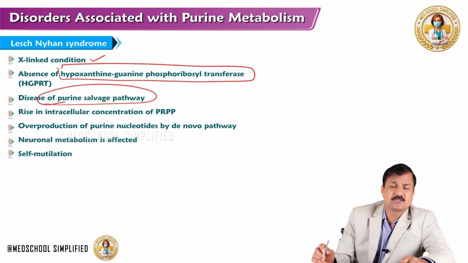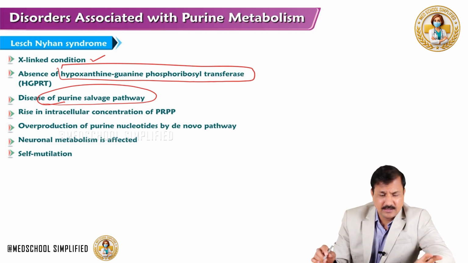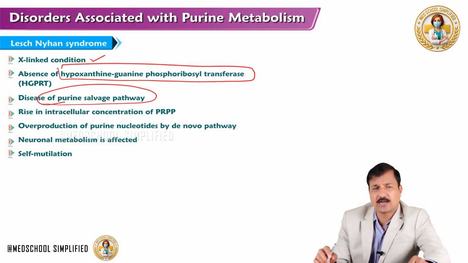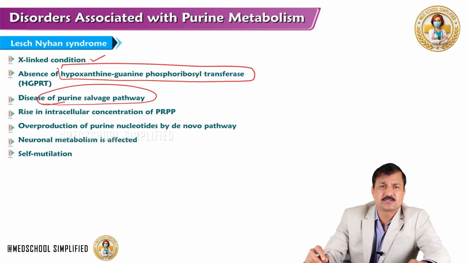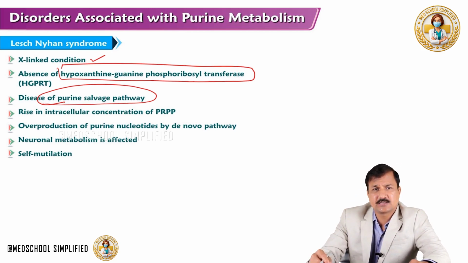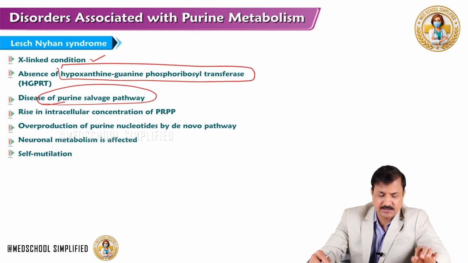Absence of HGPRT leads to a defect in the purine salvage pathway, and that increases de novo purine biosynthesis, because when the salvage pathways are absent, purines have to be synthesized by the de novo pathway. That takes a lot of time and energy, especially for neurons, and it may lead to many neurological issues.